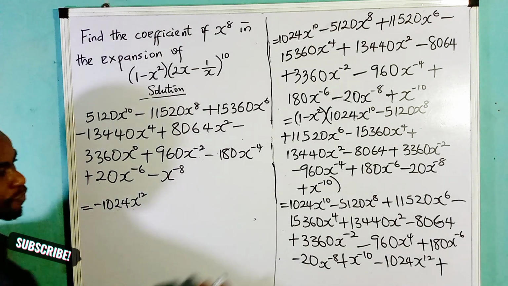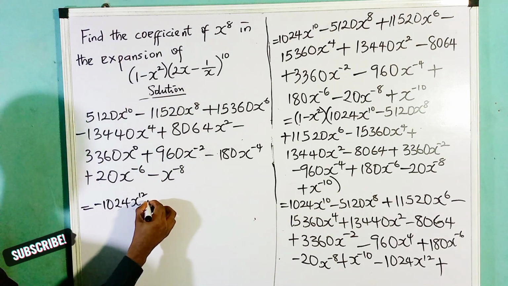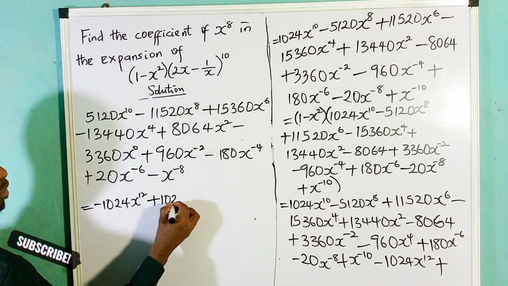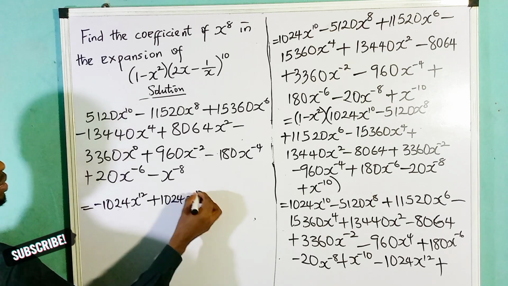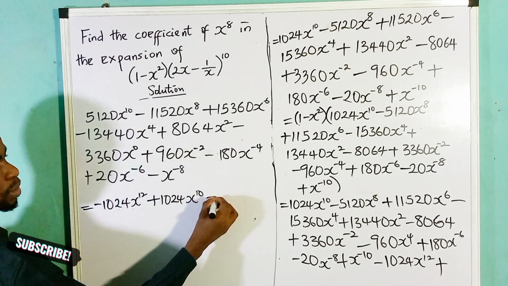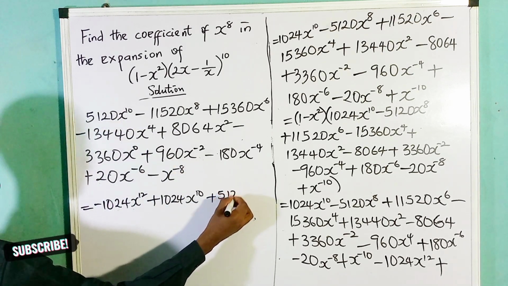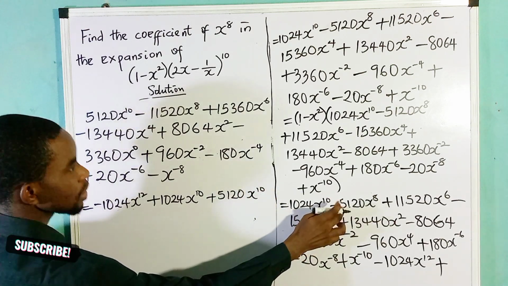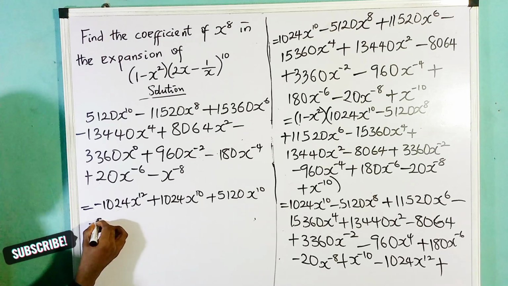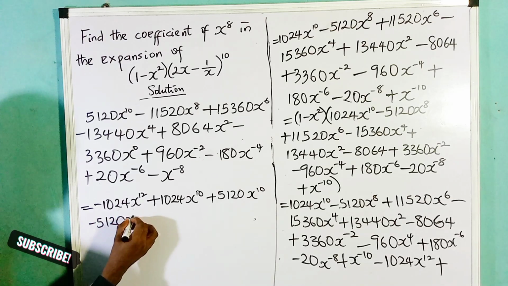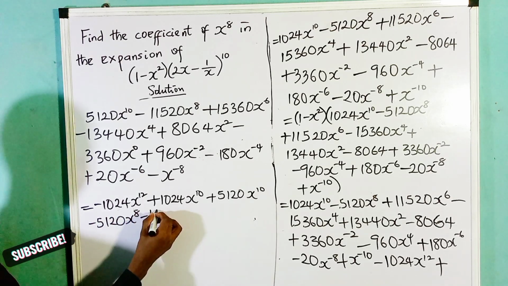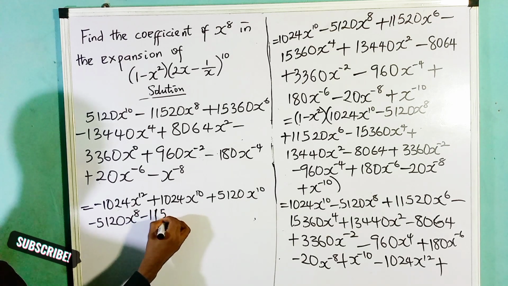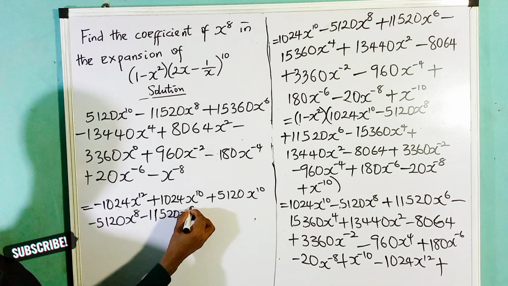And then we have plus 1024 x raised to power 10 with this 5120 x raised to power 10. Then we have this also minus 5120 x raised to power 8 minus 11520 x raised to power 8.